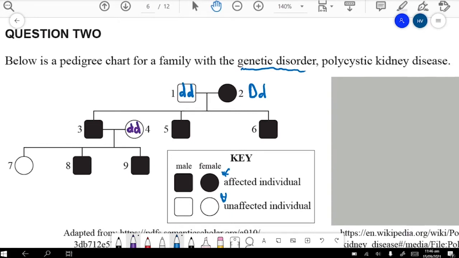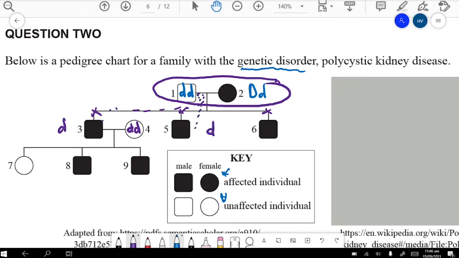Now, you can see here that all three of their kids have got the disease, and the dad can only give a little d, whereas the mom had to have given her big D and not her little d, because she had a 50-50 chance of having a child that is affected and a child that is not affected.